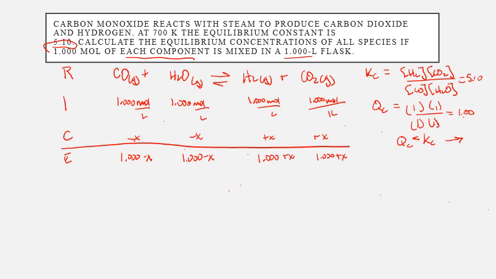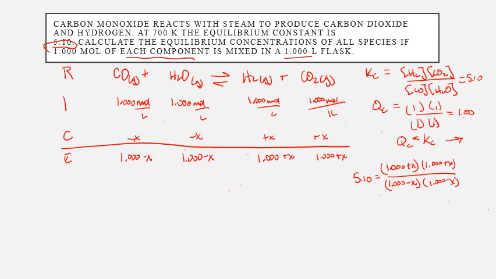So if I set these up into my expression, I would have 5.10 equals (1.000 plus x)(1.000 plus x) divided by (1.000 minus x)(1.000 minus x).